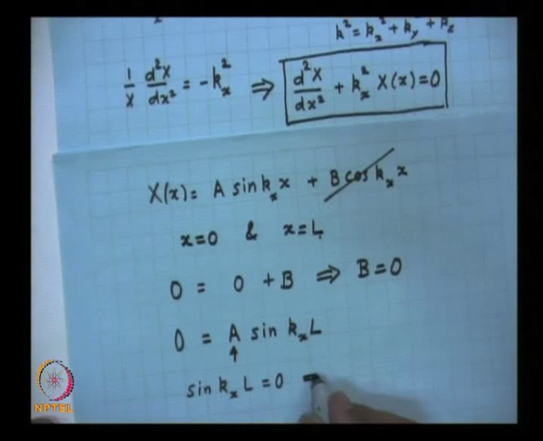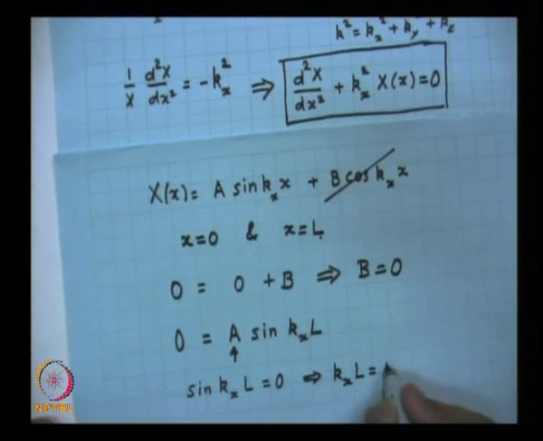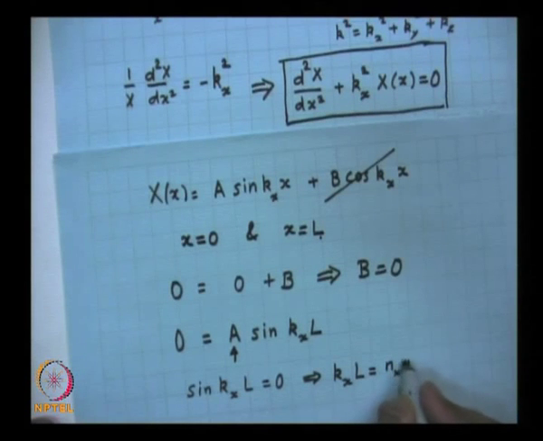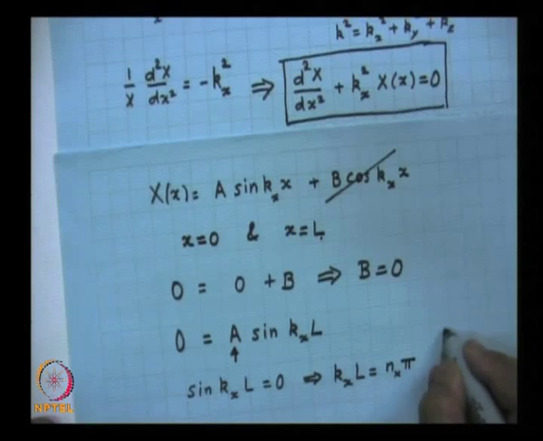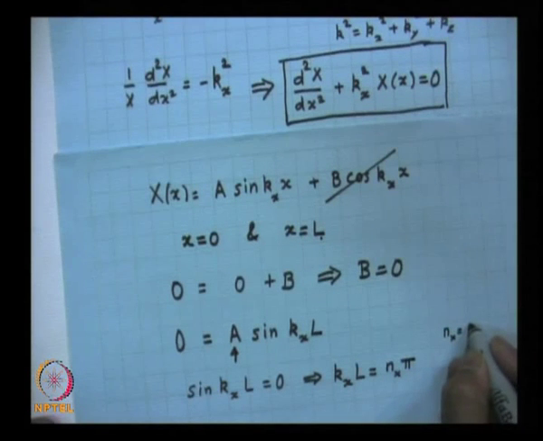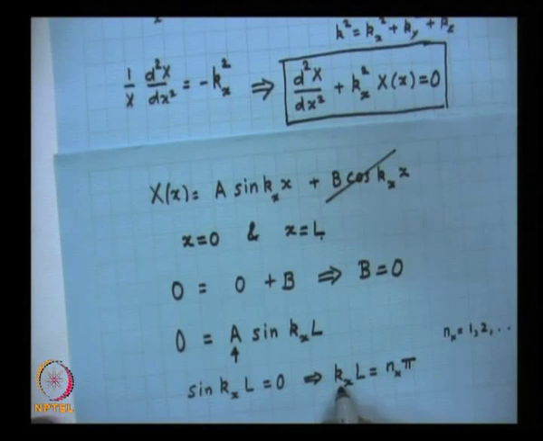Which will imply k x L is equal to n x pi, where n x will not be 0, because again if it is 0, then k x is 0. If k x is 0, then the wave function is 0 everywhere.